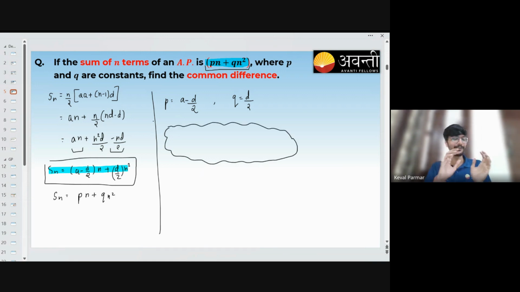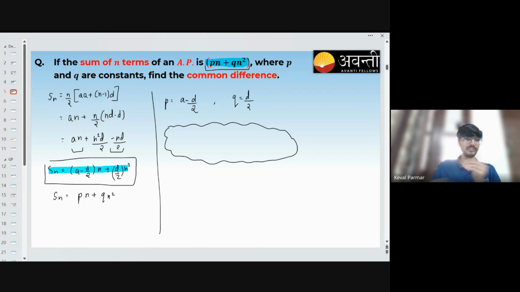First thing, we cannot ever leave an answer in terms of variables which we have assumed. Let me repeat myself. We cannot leave the answers in terms of variables we have assumed. Like in some sums we take, let this be equal to this, so the variable we have assumed, we cannot leave the answer in those variable terms. Second thing, we can only leave the answer in terms of given variables.